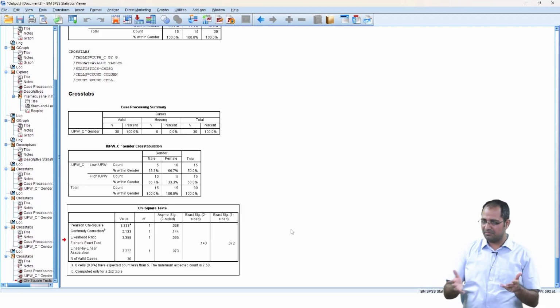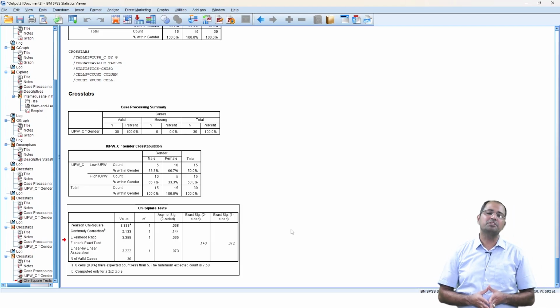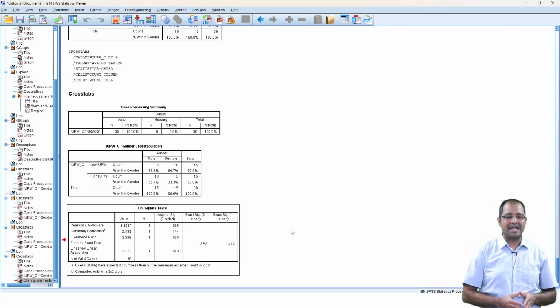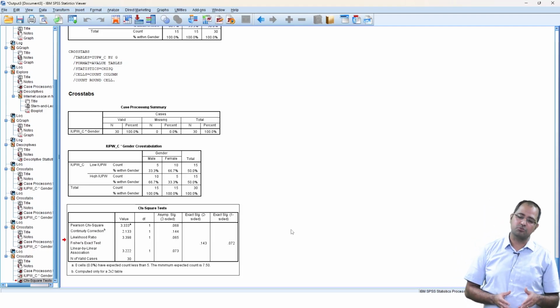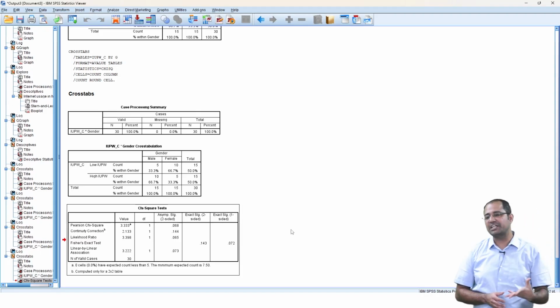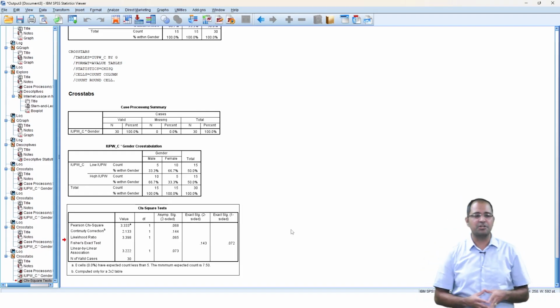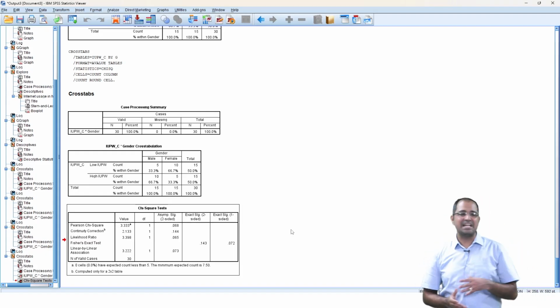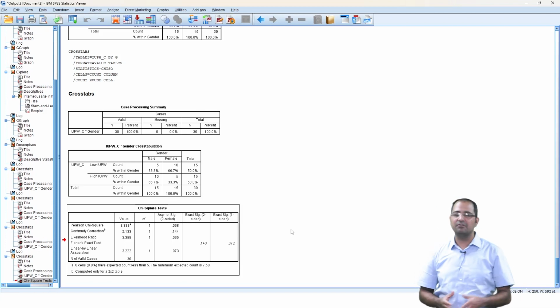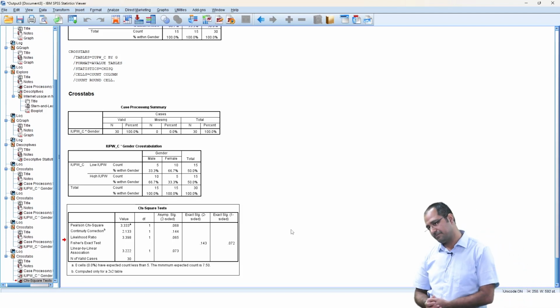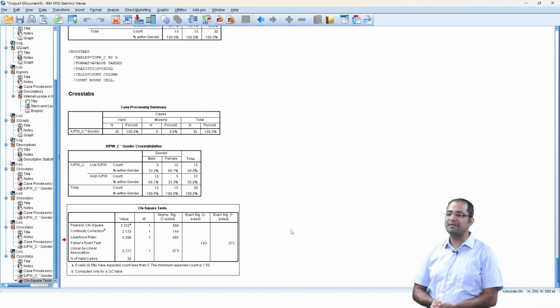It is not within the scope of this course, but it corrects the Pearson chi-square, which has a little bit of incorrectness in case of a 2 cross 2 matrix. Some adjustment is required to improve that, and that is why we look at the continuity correction in the special cases when it is a 2 cross 2 cross tabulation, or when in any of the cells the observed frequency is less than 10. Then we use the p value corresponding to continuity correction, rather than looking at the Pearson chi-square.